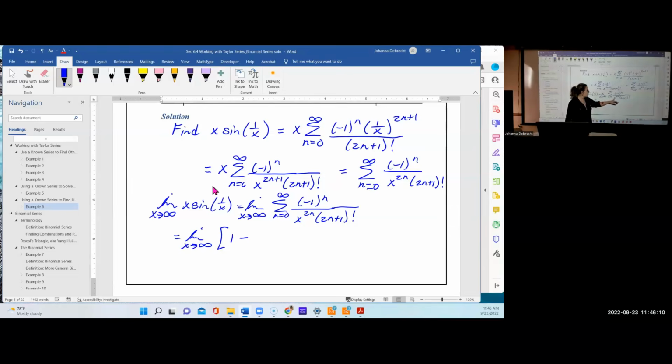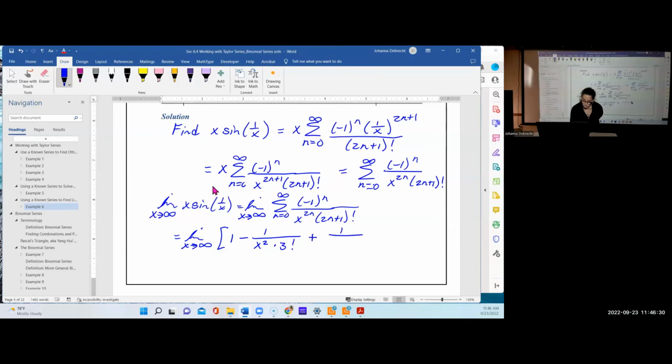When n is 1, I'll get x squared in the denominator. So I have a 1 in the numerator and x squared in the denominator. And then when n is 1, 2 times 1 plus 1 would give me 3 factorial. So times 3 factorial. Then it alternates sign.